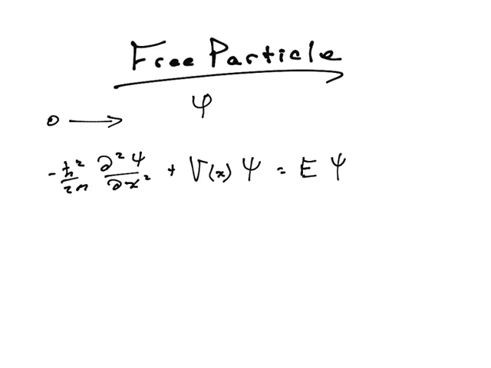This is Schrodinger's equation. It's a differential equation. It's got derivatives in it. Second order, because the highest derivative in this equation is the second derivative. Partial differential equation, because the derivatives are not total derivatives. These are partial derivatives. And so in order to solve for psi, we have to solve a second order differential equation.